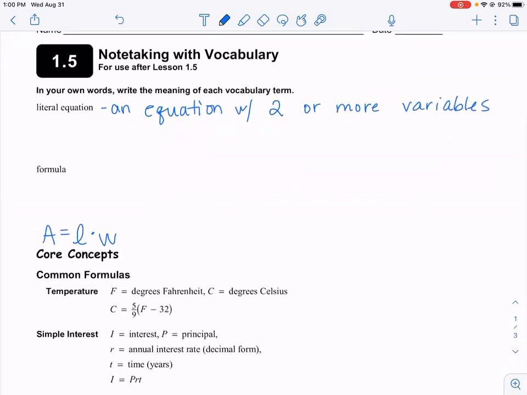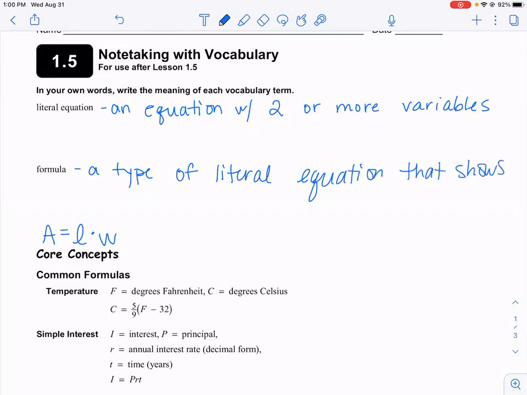A formula is a type of literal equation. That shows how one variable is related to the others. So it's just a special type of literal equation.